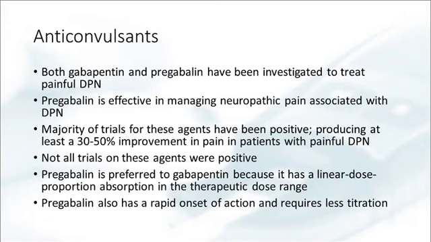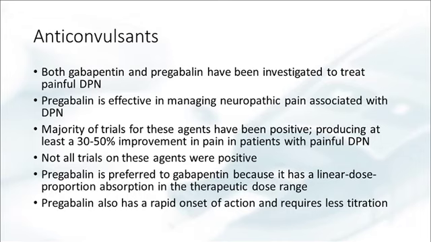So, in terms of the anticonvulsants, both gabapentin and pregabalin have been investigated to treat painful diabetic neuropathy. Pregabalin is effective in the management of neuropathic pain associated with diabetic peripheral neuropathy. The majority of trials for these agents have been positive, producing at least a 30 to 50% improvement in pain in patients with painful diabetic peripheral neuropathy.